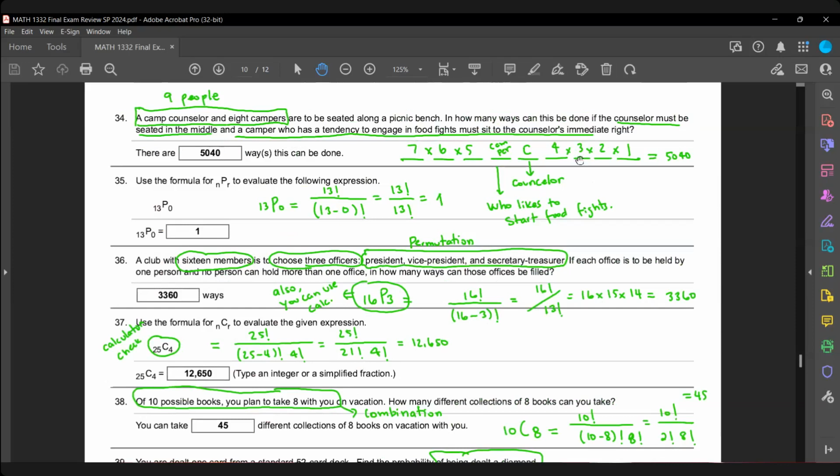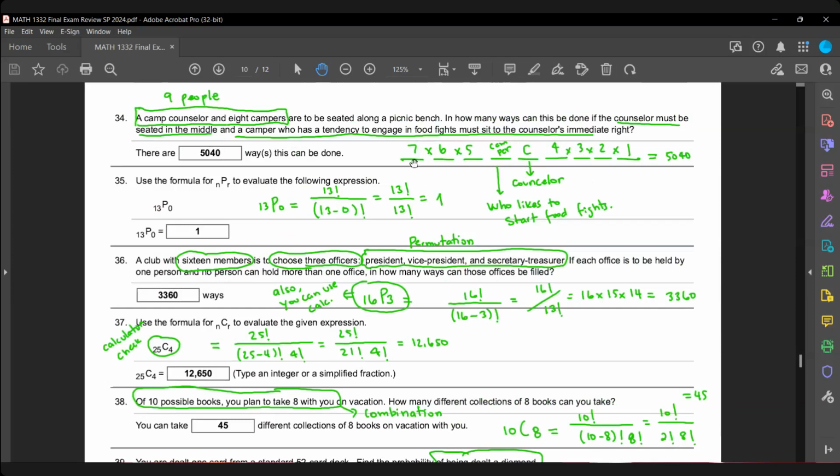It doesn't matter in this case whether this camper sits to the left or to the right. The counselor must be in the middle with the person that creates food fights right next to them.